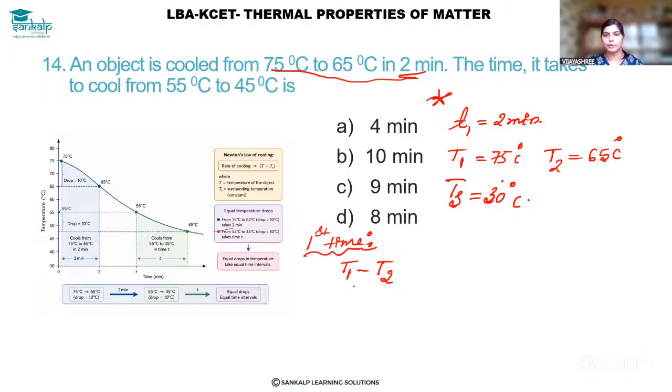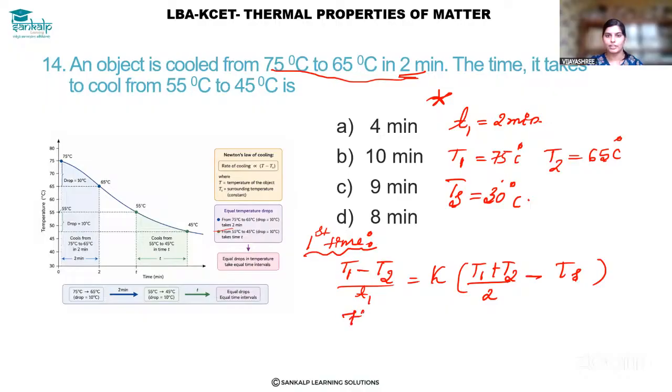Okay, T1 minus T2 divided by t, which is equal to K into (T1 plus T2) divided by 2, that is average temperature minus surrounding temperature. This is the formula for Newton's law of cooling.